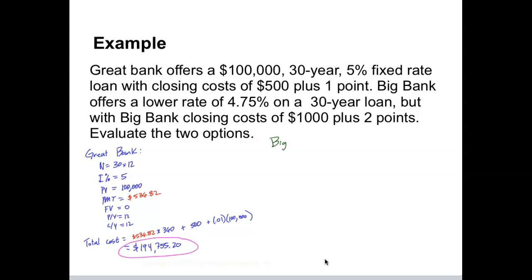All right, let's evaluate Big Bank. Same value for N. We're going to do 30 times 12, which is 360 for my total number of payments. My interest rate for Big Bank is a little lower. It's 4.75.